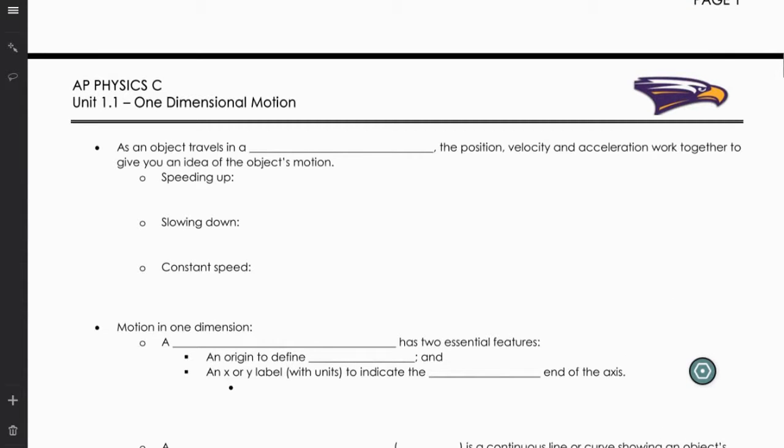As an object travels in a straight line, the position, velocity, and acceleration work together to give you an idea of the object's motion.